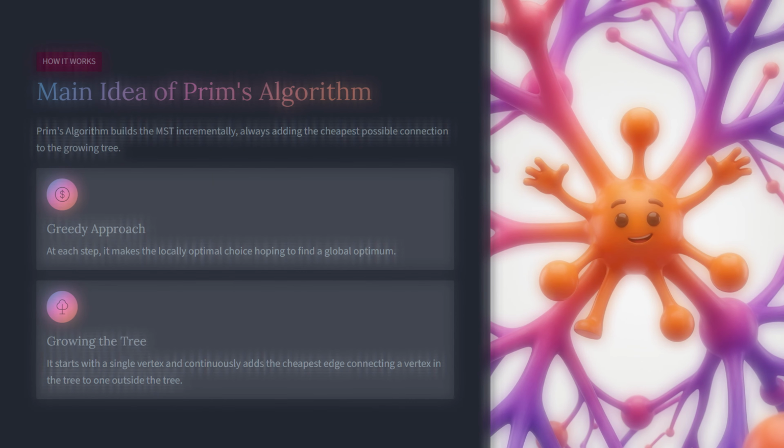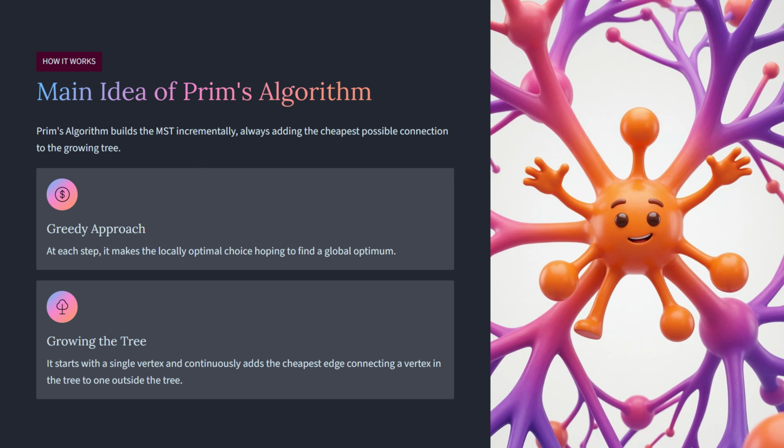The main idea behind Prim's algorithm is very simple and intuitive. We start from one node and then we slowly grow our tree by adding one connection at a time. At each step, we choose the cheapest edge that connects our current tree to a new node. Because we always pick the best immediate option, this algorithm is called a greedy algorithm.